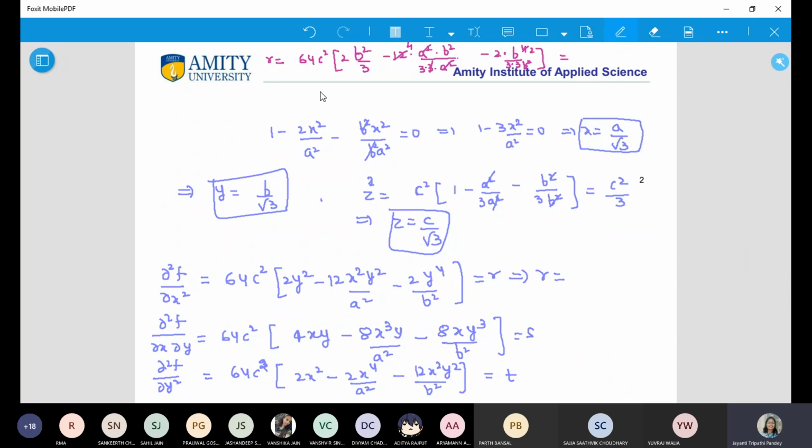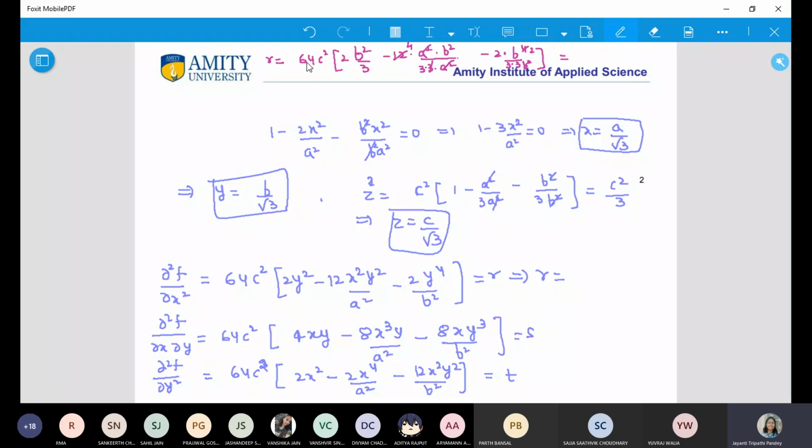So what is the output? 6 minus 2, that is 4 from here. 4 by 3. Just check what value you are getting. 4 by 9 minus 4 by 3. So 12, 8. You will get 8 by 9 b square with minus sign.